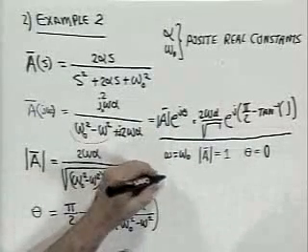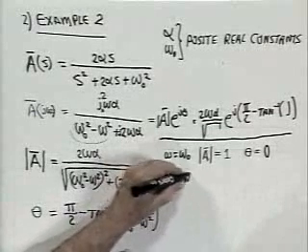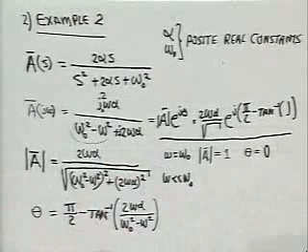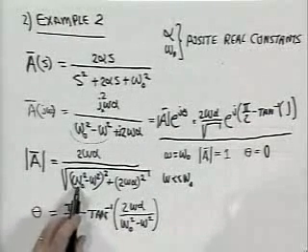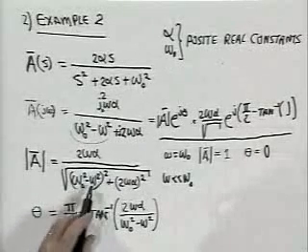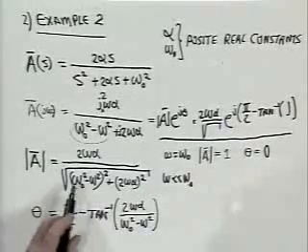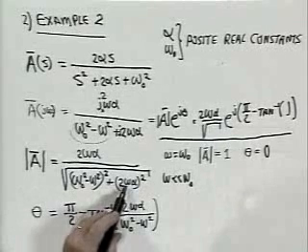Let's look now for omega much, much less than omega naught. If omega is much, much less than omega naught, this term in the magnitude expression is negligible compared with this one. Omega squared is much, much less than omega naught squared. And this term, the imaginary term, is proportional to omega alone.